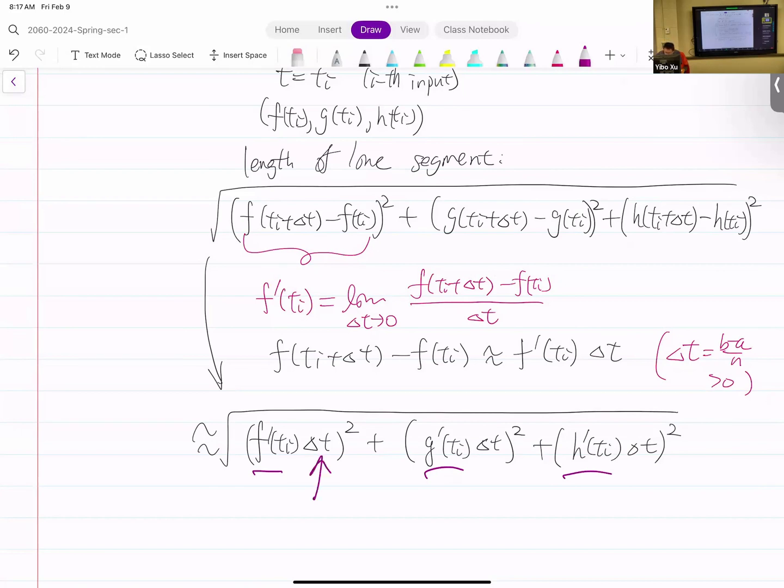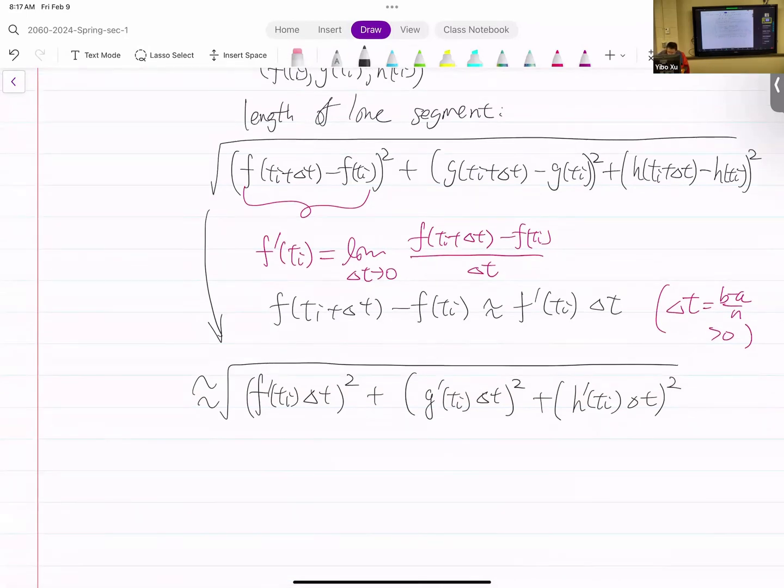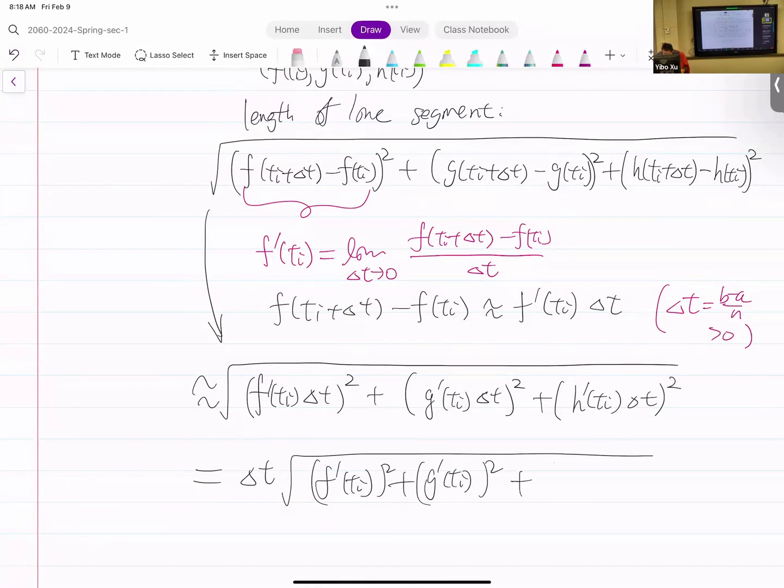And at the same time, you see delta t squared is everywhere, and then it can be factored and dragged out of the radical. So this thing now becomes delta t, which is what's in common, and you just take it out of the square root. And you know it's positive. And then what remains is f prime squared, g prime squared, and h prime squared added up, right?